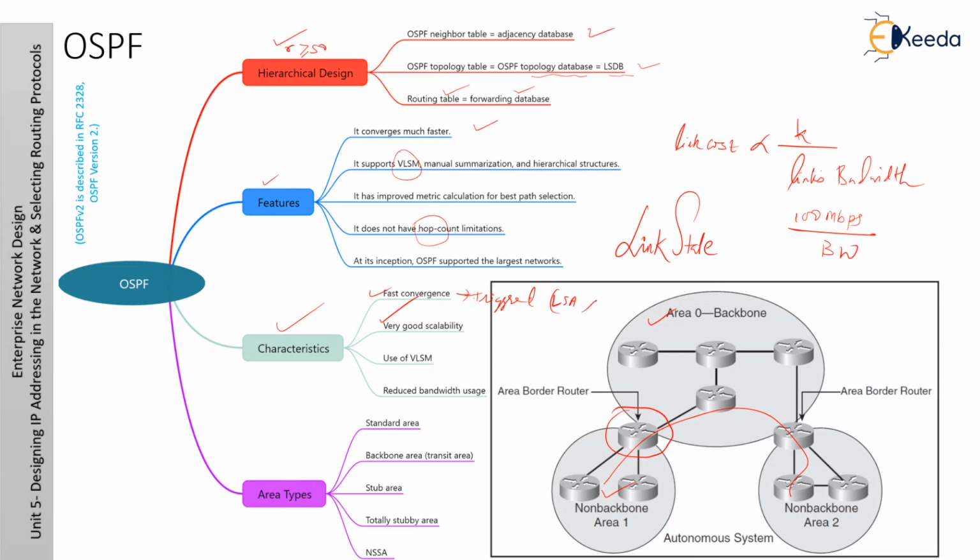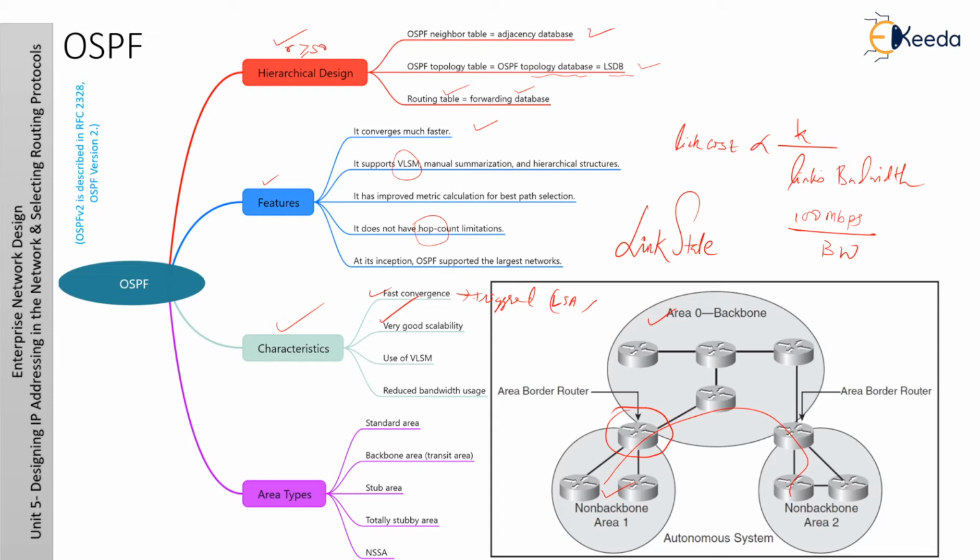The totally stubby and not so stubby area features for non-backbone areas decrease the amount of link state advertisement traffic from the backbone area, that is area 0, into the non-backbone area, and they are already given in different literatures.